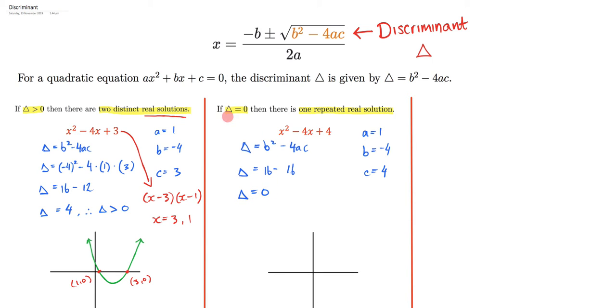And we're told that when my discriminant is equal to 0, there is one repeated real solution, which means my parabola is going to touch my x-axis only once. And again, I could prove this to myself by factorizing this quadratic, which will be x minus 2, x minus 2.